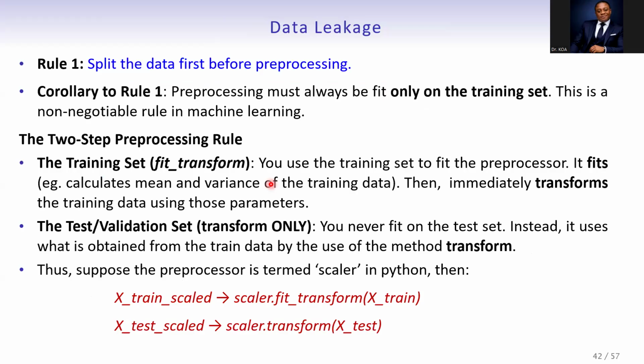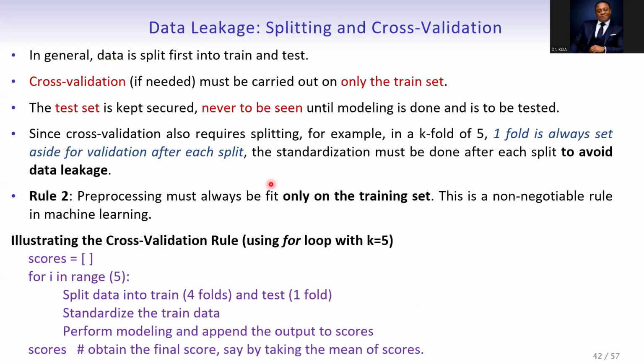I don't want to go through all of the rest. Split the data before pre-processing. And then pre-processing must always be fit only on the training data. This is not negotiable.